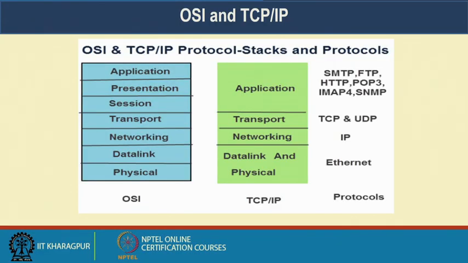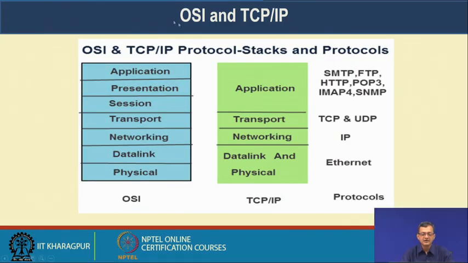Given an IP address, it finds out the layer 2 address, or the MAC address, so that the packet can be transferred to the next hop. If we look at the protocol stack, the data link layer and physical layer are sometimes considered a combined layer, where the predominant protocol is Ethernet. There are other protocols, but the predominant protocol here is Ethernet.